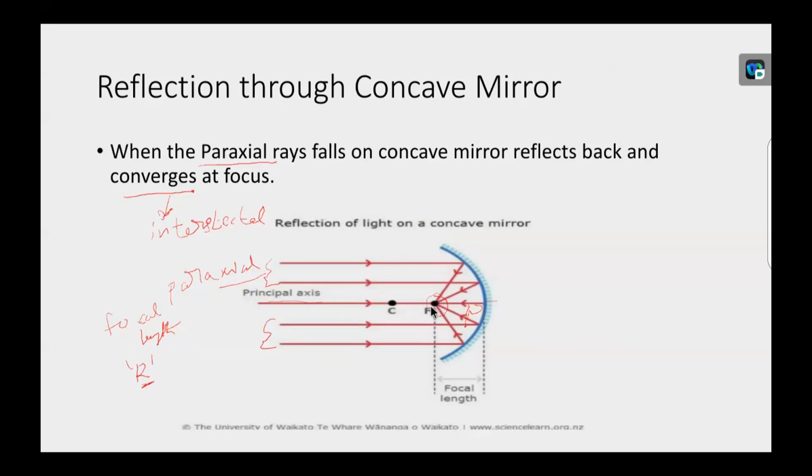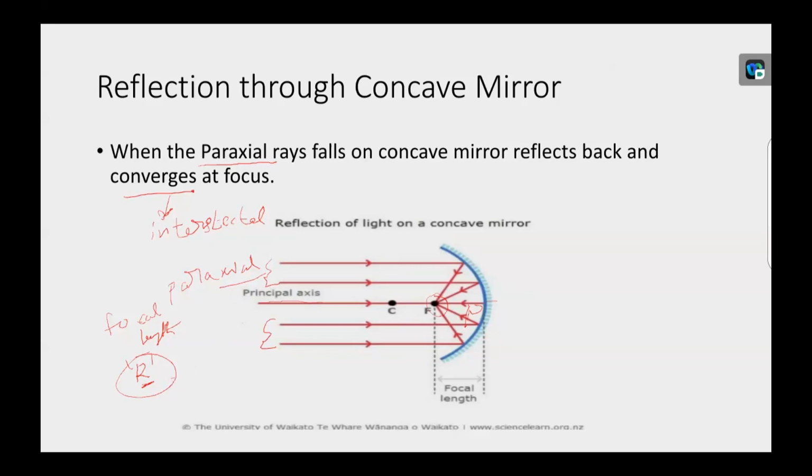That converging point we call the focus. The distance from focus to pole is the focal length. The distance from center of curvature to pole is the radius of curvature, denoted by capital R.